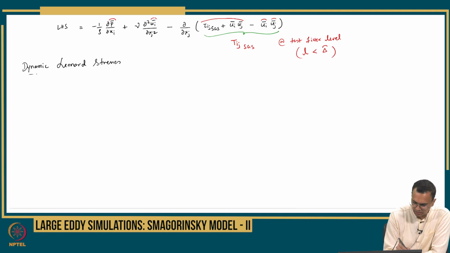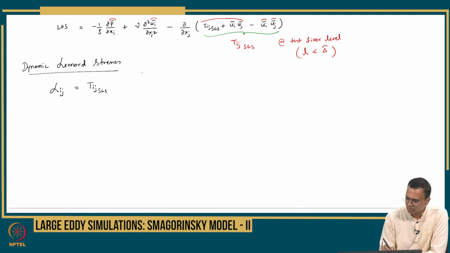which is nothing but, let's call it Lij, which is equal to this Tij SGS, okay. So this Tij SGS is equal to these three terms. So if I subtract the tau ij SGS filter part from this, okay.